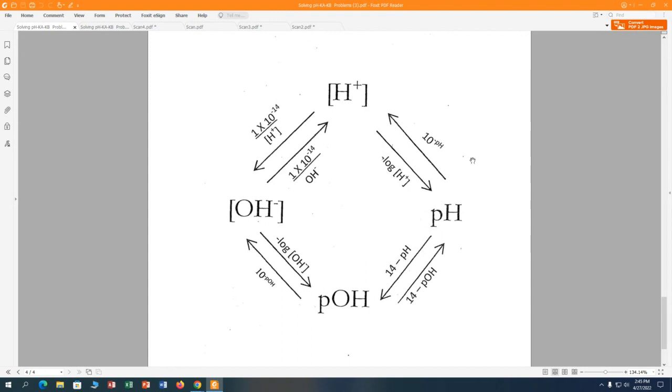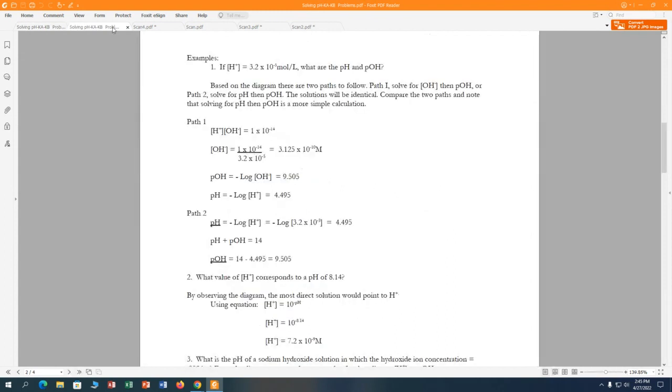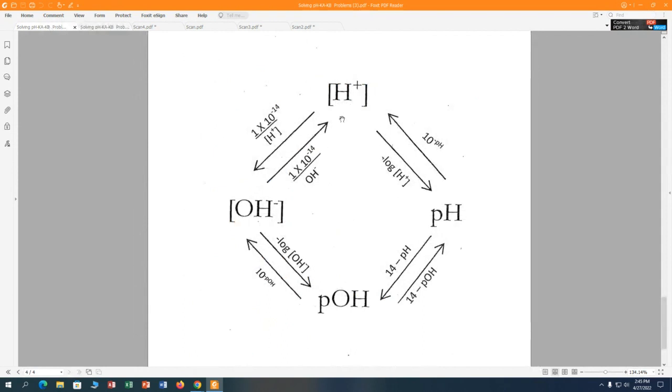Okay, now let's talk about the second problem. The second problem is, what value of H plus corresponds to a pH of 8.14? This is pretty direct. Again, going back to the chart, we have this value, and we want to find this.